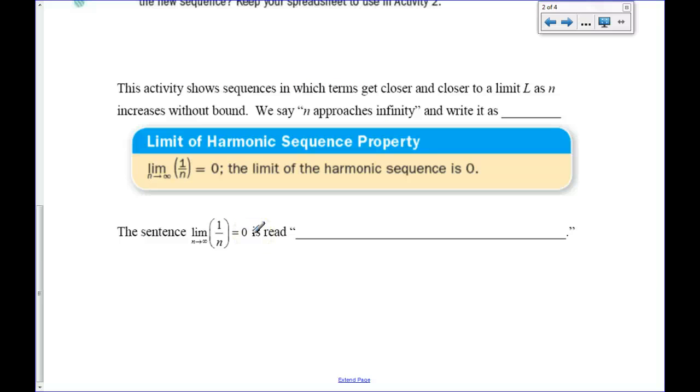Okay, so we're going to ignore this activity part for right now. But when we say n approaches infinity, we write it as this: n arrow infinity. Okay? This says the limit of a harmonic sequence property, which is 1 over n, is 0. And that's read like this.